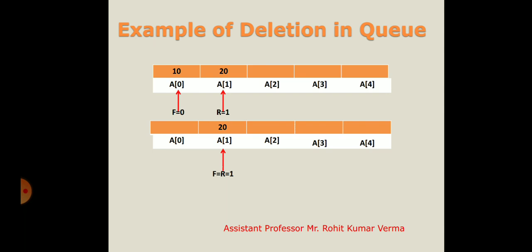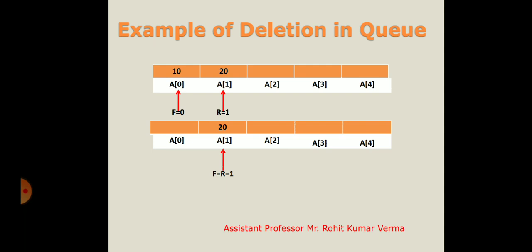So here you can see our front pointer moves to the next location and our rear pointer stays at the previous location. In the second queue, whenever we delete an element from the queue, our 0th location is empty, so our front pointer will move to the first location.